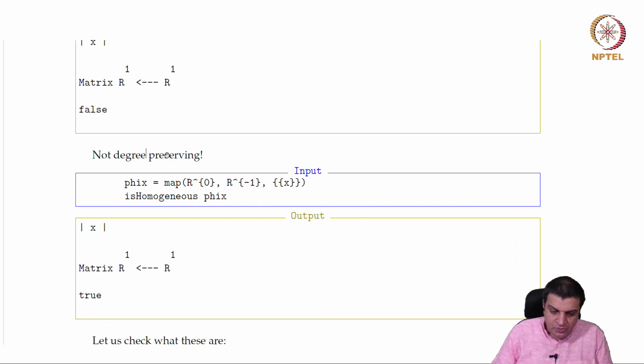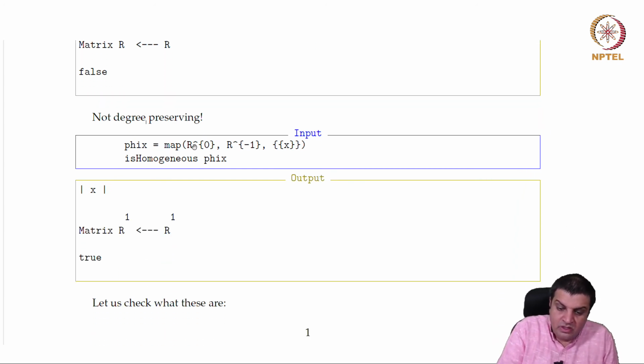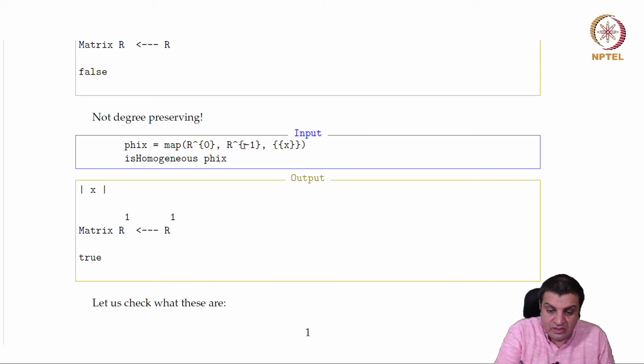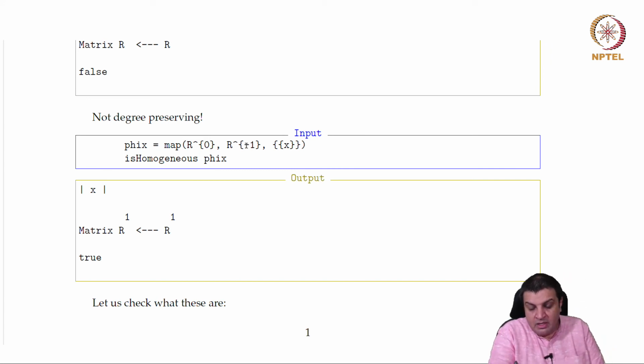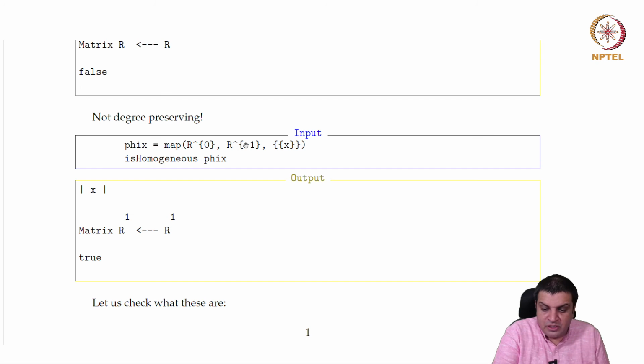So we can make it homogeneous by giving degrees like this. So this is a free module of rank 1 where a basis element has degree 0. This is R minus 1. So there is a basis in which the generator has degree 1, okay, and multiplication by X now preserves degree. Okay.